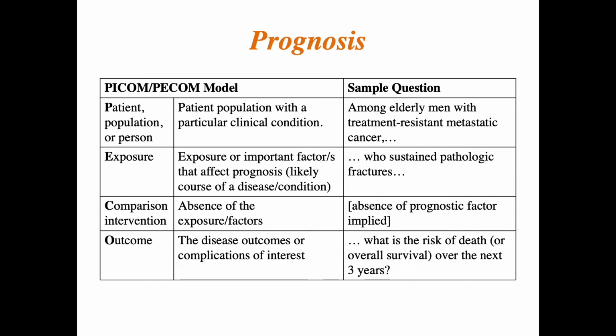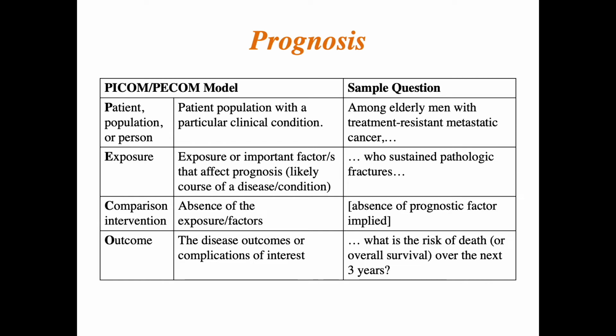Among this particular group, who sustained pathologic fractures as opposed to those who did not sustain pathologic fractures, what is the risk of death or overall survival over the next 3 years? As you'll eventually learn in your clinical years, having a sedentary state, which in the case of such patients could be from pathologic fractures, is usually associated with poorer outcomes.